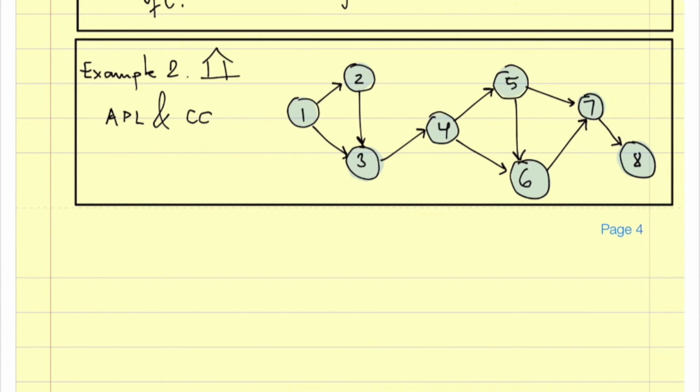Anyway, now we want to continue with the next concept, which is a more project management concept, which is the concept of Slack. Okay.